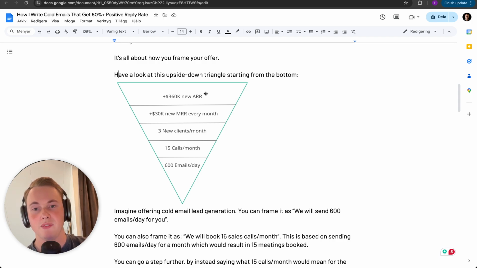You can, of course, have this in your emails, but it just has to make sense to the prospect, especially because it's super easy to have a standard Hormozi offer and frame it as a Hormozi offer, basically. We'll do X, we will generate 360k new revenue in 12 months or something like that. You have to give a clear explanation, because then it will make more sense in the prospect's eyes.